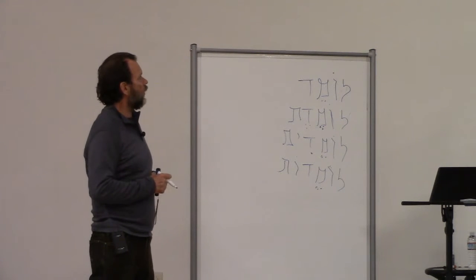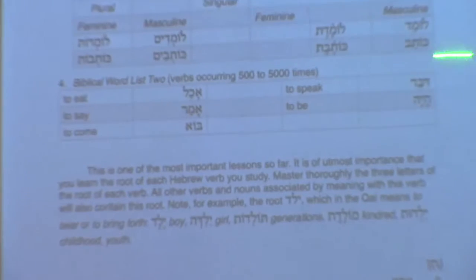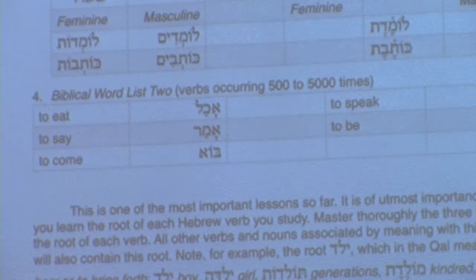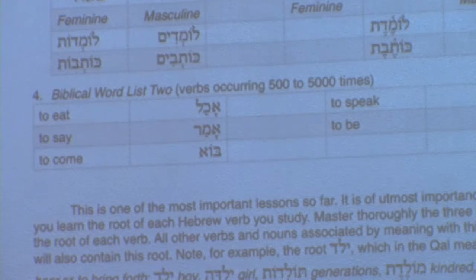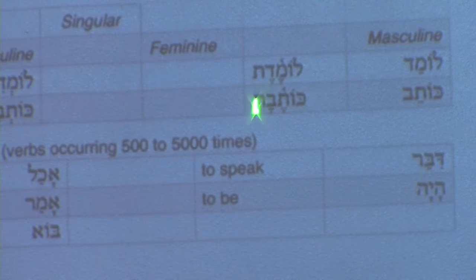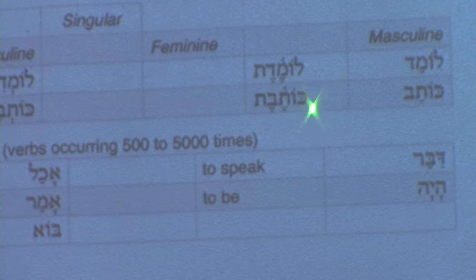One of the things I want to show, let's go over this. It's repetitive, but for Lamad and Katab, it's Lomed and Lomedet, Kotev and Kotevet.